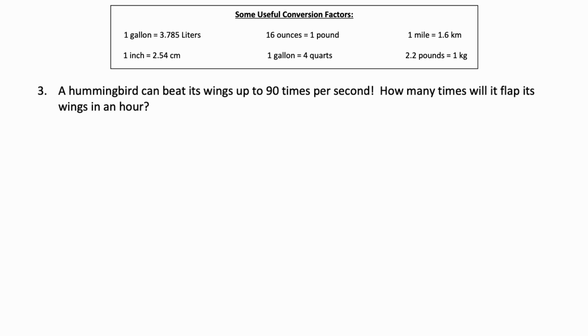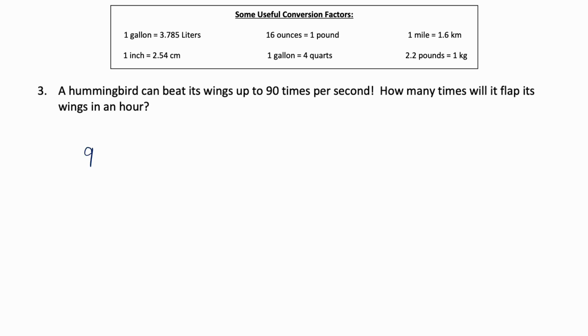All right, number 3, a hummingbird can beat its wings up to 90 times per second. How many times will it flap its wings in an hour? So this is really important because you don't just have seconds, or you don't just have ounces, or you don't just have gallons. You have something that is times per second. So that is 2 units, even though times isn't really something that we use a lot, but it's still a unit of measurement here.